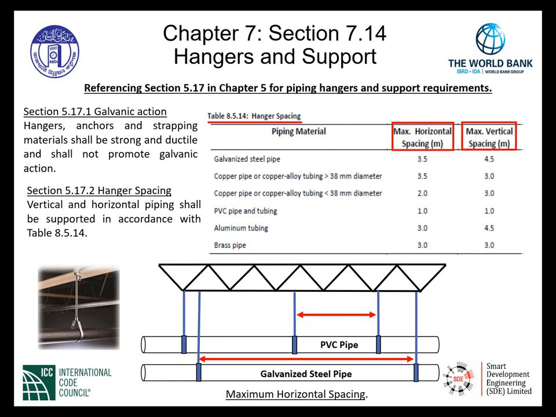Galvanized steel pipe, in the application as indicated in the drawing, we want to know the maximum horizontal spacing for galvanized steel pipe. And by applying the table, we can see that the maximum horizontal spacing for this particular material, galvanized steel pipe, is 3.5 meters. For the PVC pipe that is indicated in the drawing, the maximum horizontal spacing between hangers for PVC pipe is 1 meter.